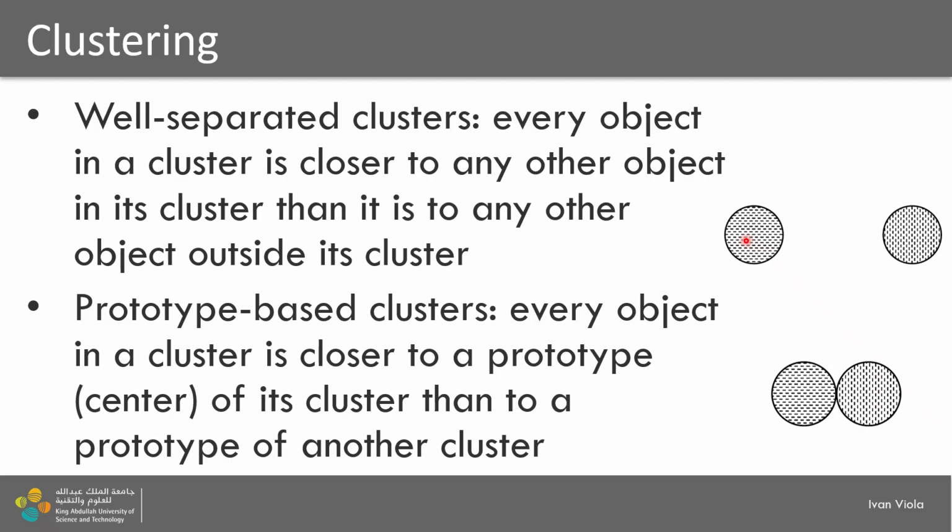So we can see that even the point which is closest to this other cluster is still far away from the closest point in that cluster, and it is closer to any other point within its own cluster. These are the well-separated clusters where there is a big gap between two clusters.